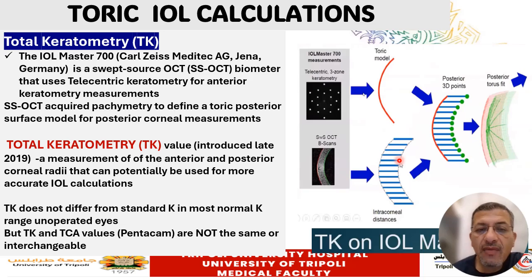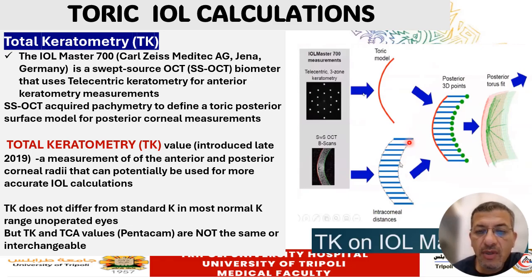So that K reading cannot be used with any traditional formula, because all the traditional IOL formulas are based on the assumed keratometric index, that's 1.3376.